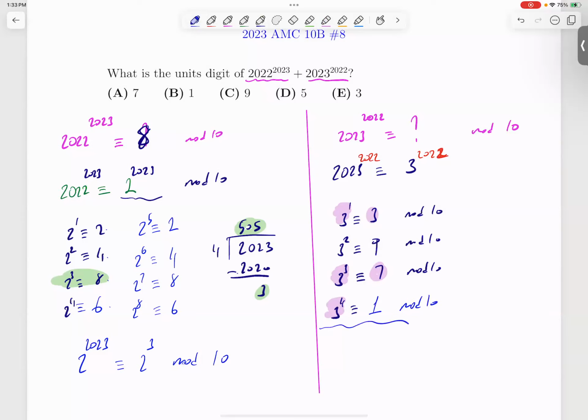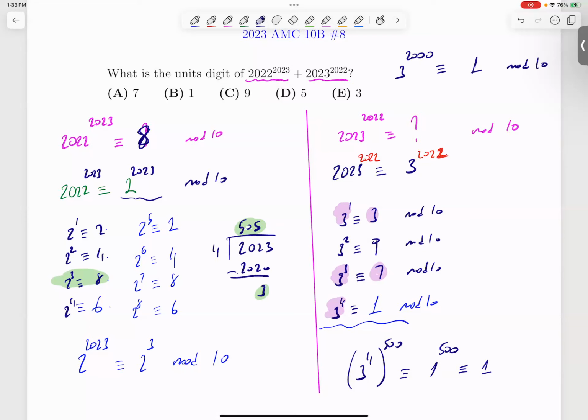If we reach 1, after that we can use the power of a power: 3 to the power of 4 to the power of 500, which is 3 to the power of 2000, is congruent to 1 to the power of 500. Since any power of 1 is 1, 3 to the power of 2000 is congruent to 1 mod 10.